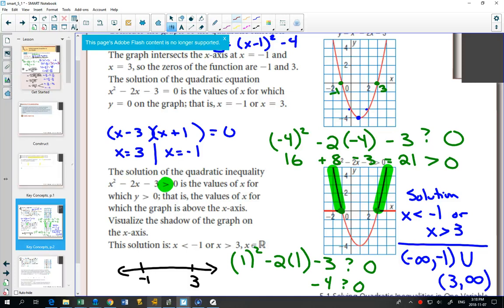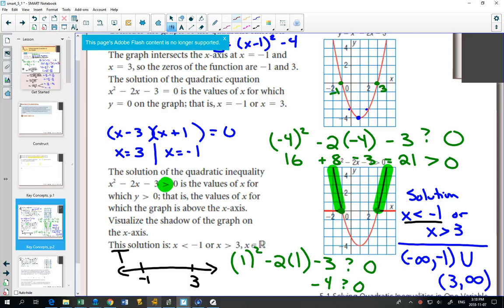And then you test 1 point in each section. Can you see we already tested -4? And -4 came out to 21. We ask ourselves, is 21 bigger than 0? Because that's what the question originally was, bigger than 0. The answer is yes. So this whole section is true. And that's how we would write x is less than -1.